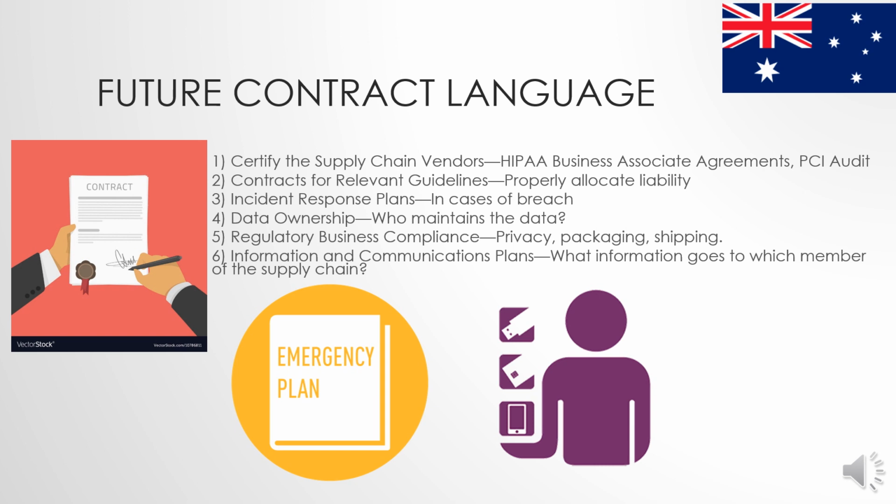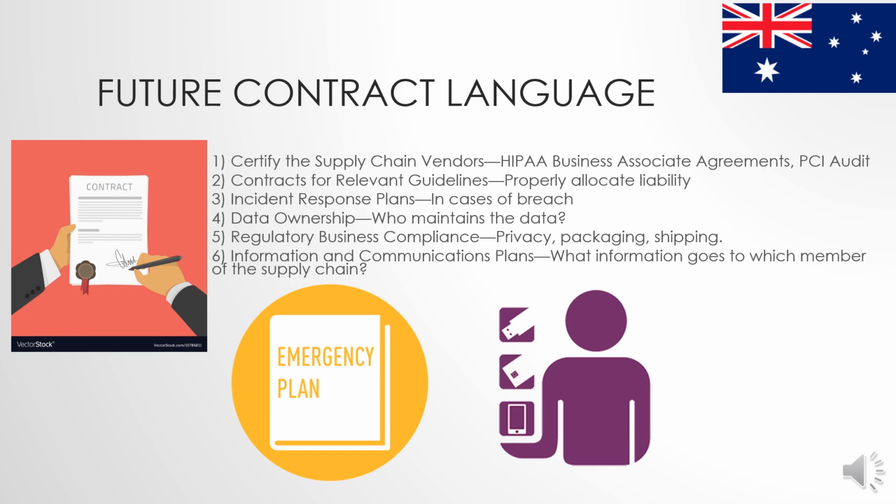These certifications can also be verified from accredited auditor reports such as the Health Insurance Portability and Accountability Act, or HIPAA, business associate agreements, or the payment card industry audit. In-house testing of third-party systems and how they operate will also attest to their validity and reliability.